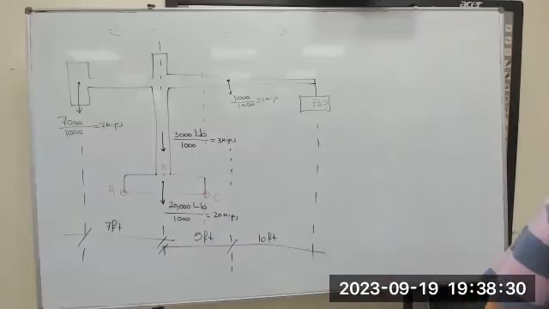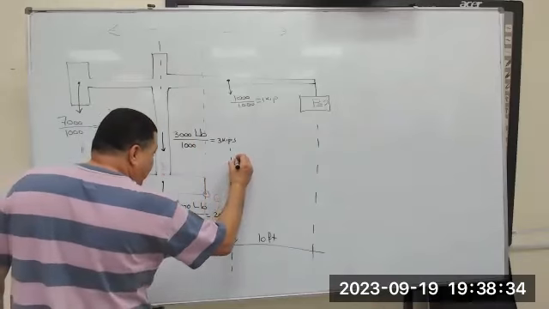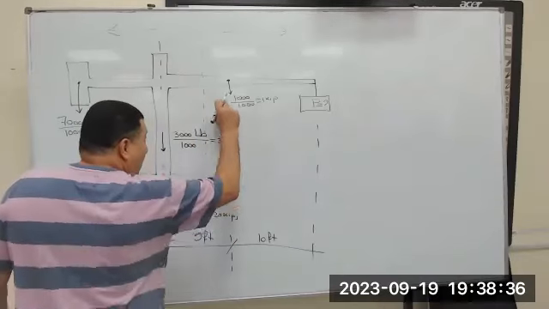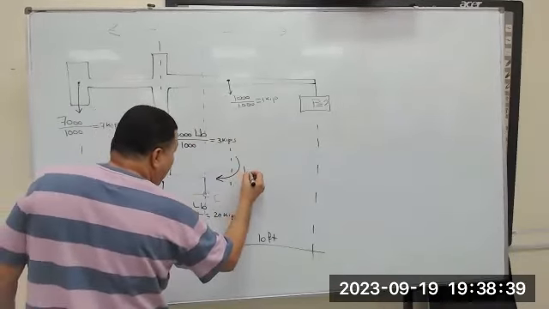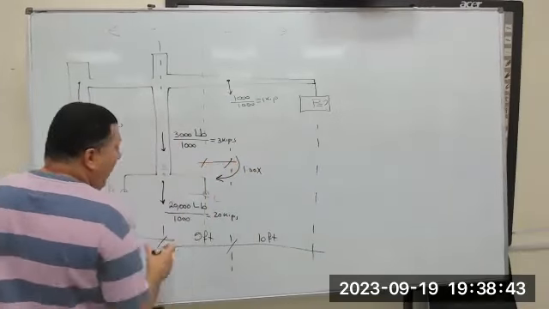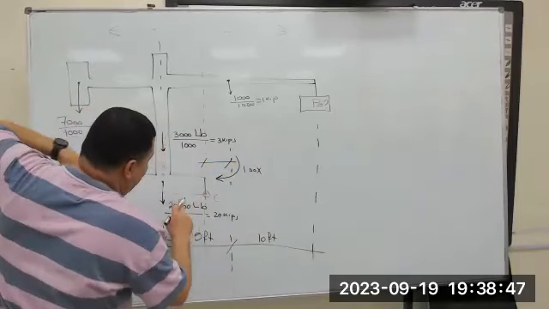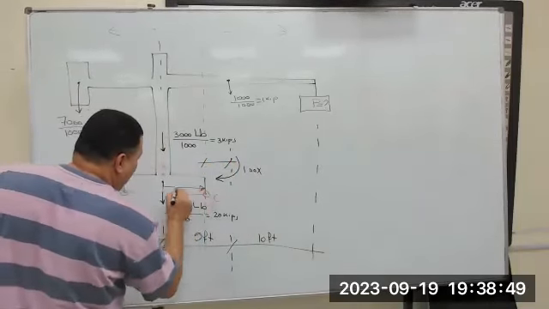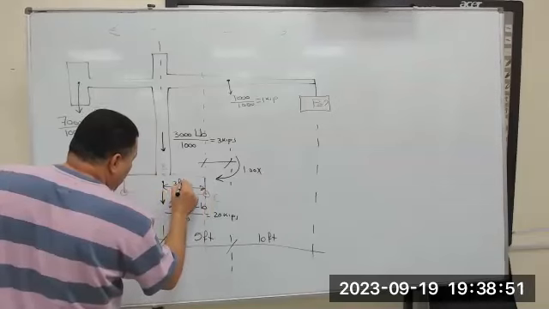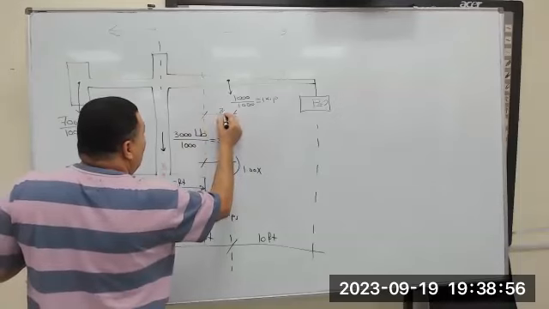And now I will take the moment around this force. I have 1 multiplied by distance. 1 multiplied by 2. Why 2? Because from this line to this is 5 minus 3, because here is 3 foot. Now 5 minus 3, this is 2 foot.